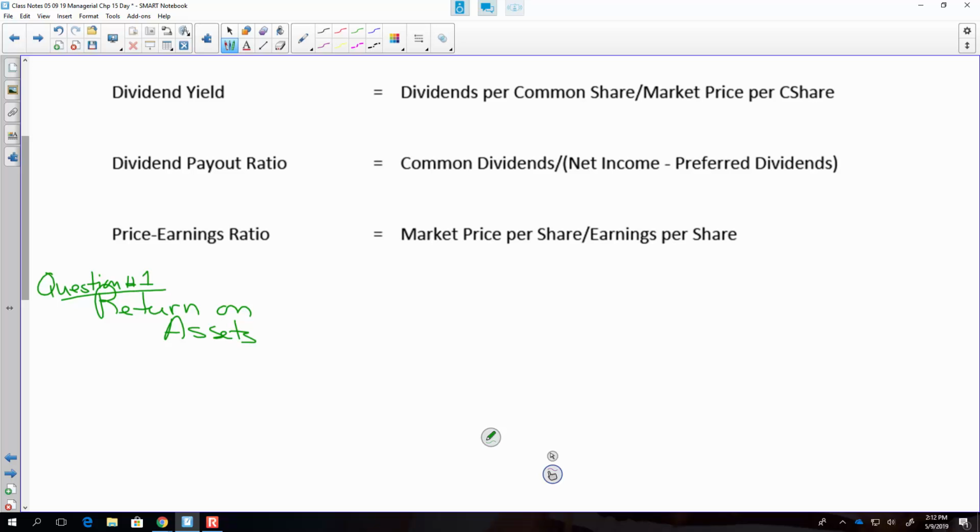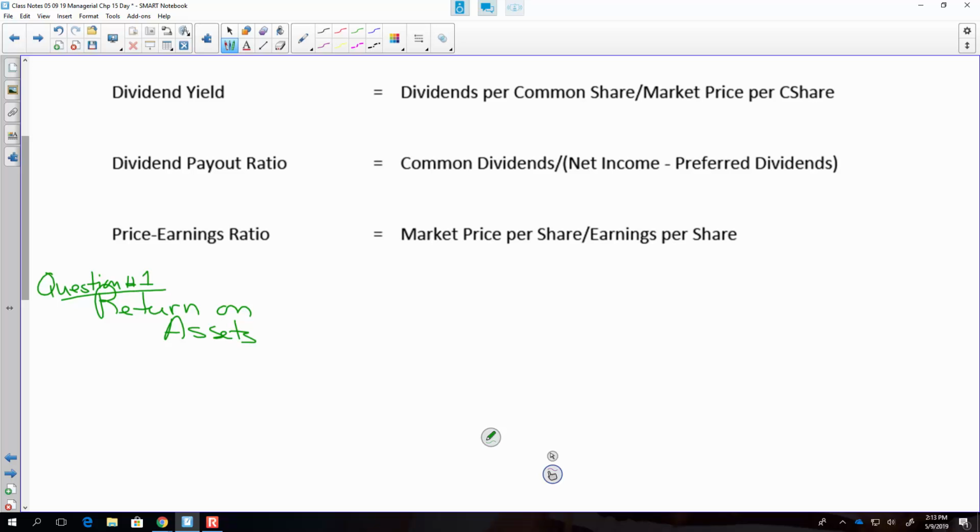Now the formula for return on assets, I'm going to use my reference sheet here. It's net income plus interest expense net of tax.